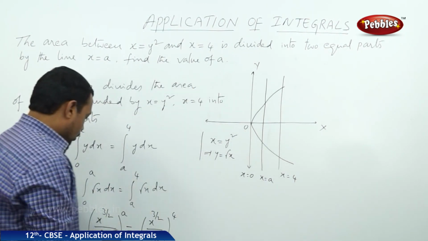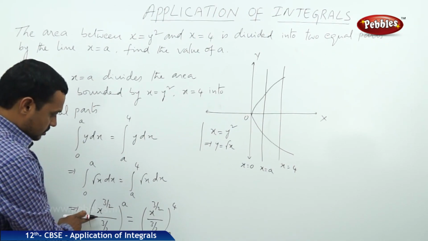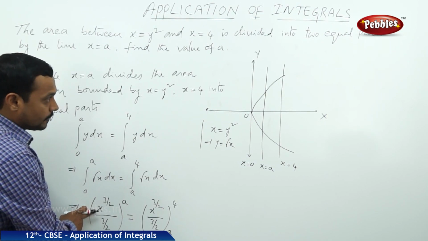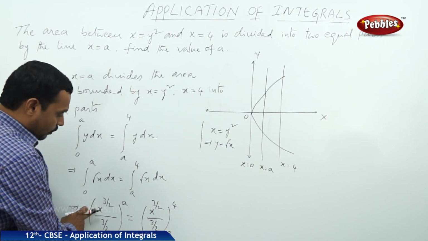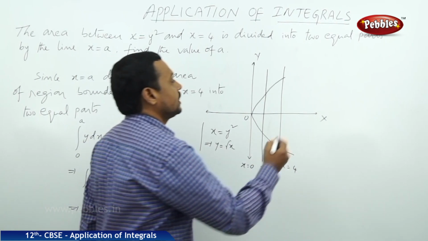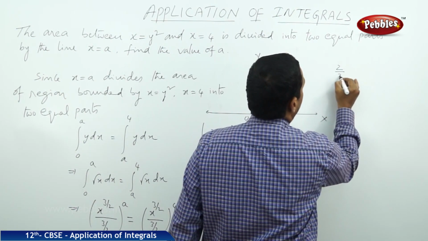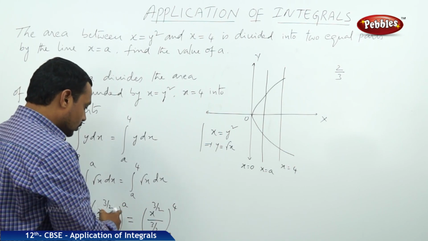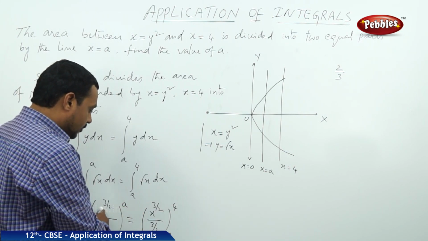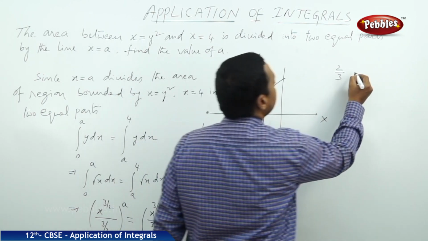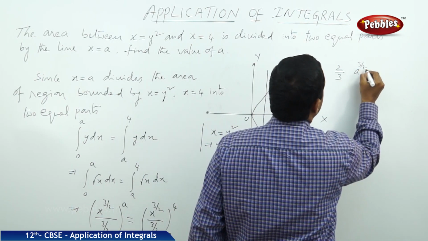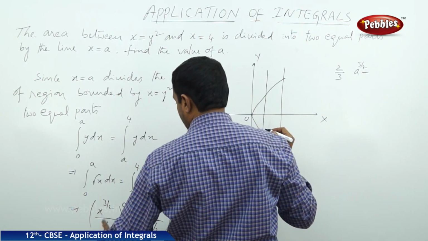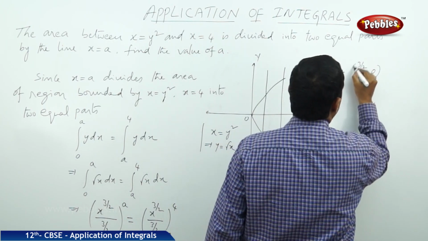Now 1 by 3 by 2 is equal to 2 by 3 into x power 3 by 2. Substitute the upper limit first, that is a power 3 by 2, minus, while substituting the lower limit it becomes 0.